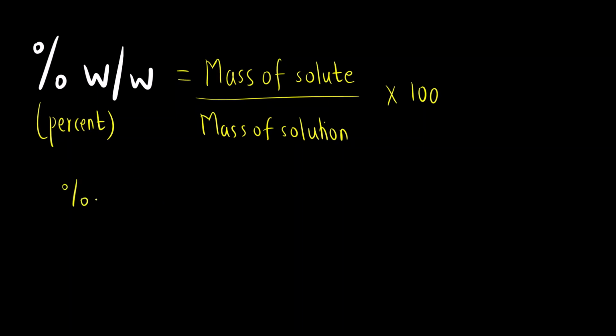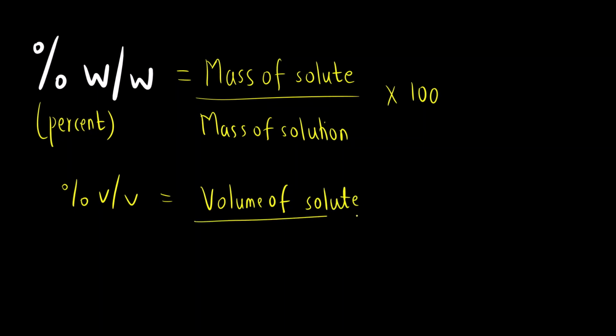If it is percentage volume by volume, everything remains the same. Instead of mass, we will have volume. That is, it will be volume of solute divided by volume of solution into 100. These two we have already seen. This is just a revision of these two concentration terms.